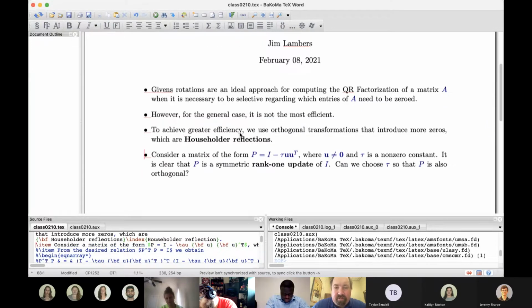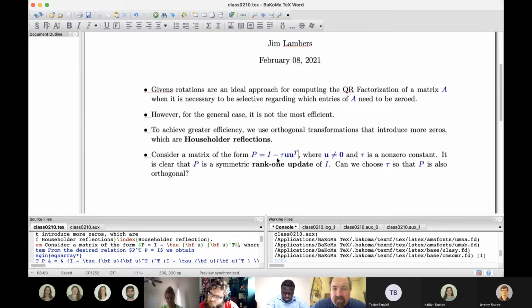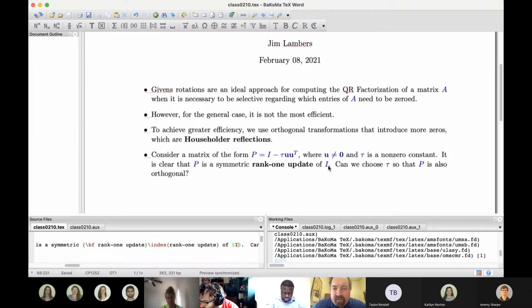A Householder reflection, and I'll explain in time why it's called a reflection, is also known as a Householder transformation. It's going to have this form: identity minus some constant tau times UU transpose. Now, U is a non-zero column vector. We've seen before that UU transpose is an outer product.